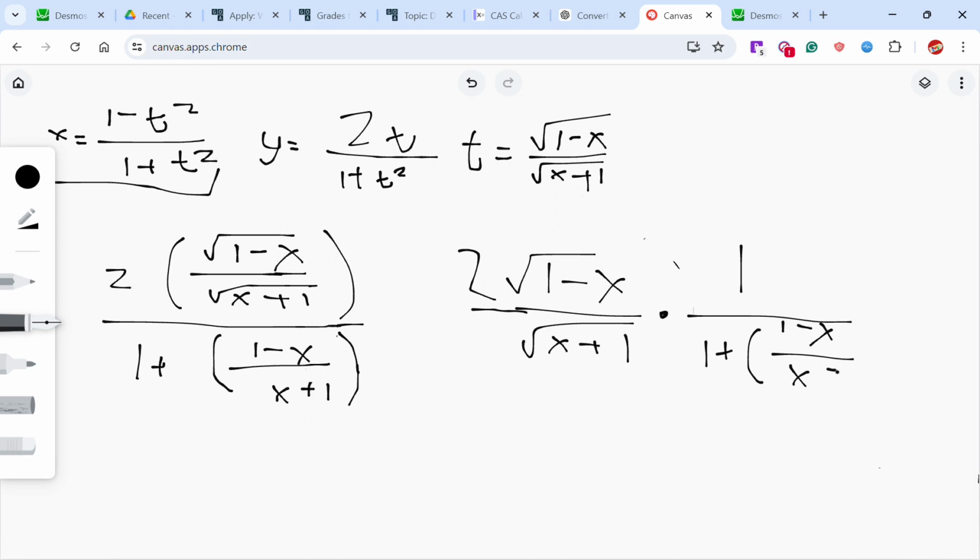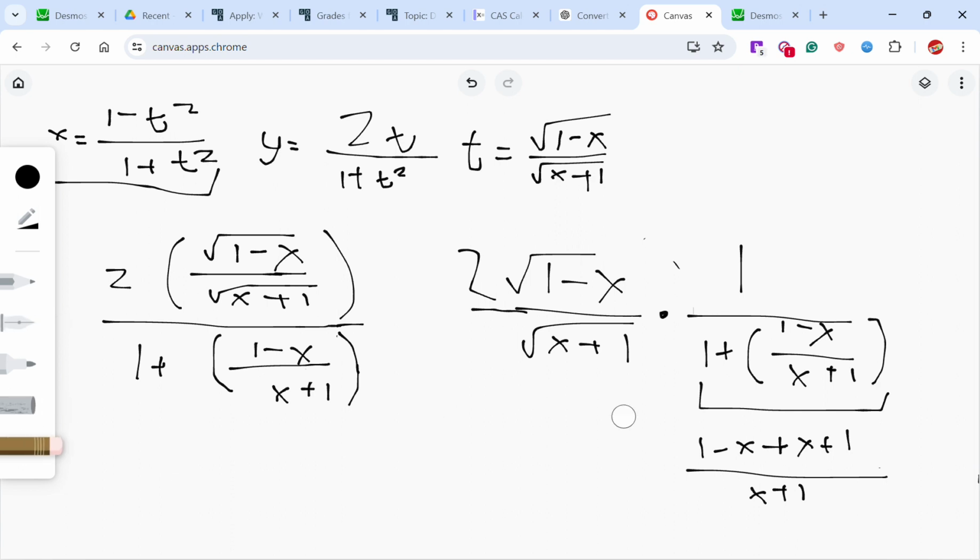We can skip this step. Let's focus on this. If you factor the 1 into there, you get x plus 1. This turns into 2.